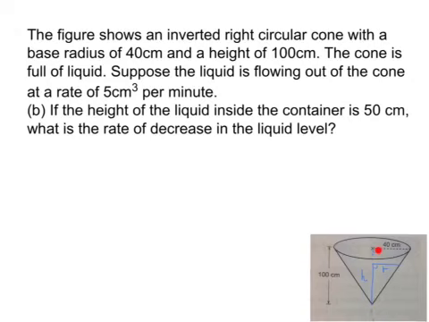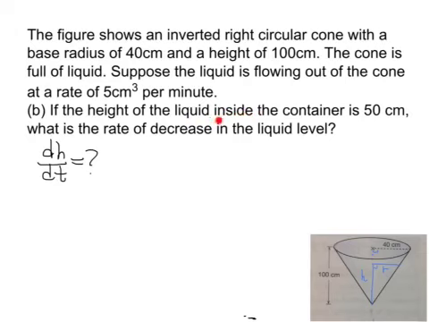The higher the level is, the bigger the H is, right? Okay? So you have to first identify and know that the problem is asking you for dH over dt. Okay? It's asking you for this. Okay? Now, what other information do we have? Look at this.